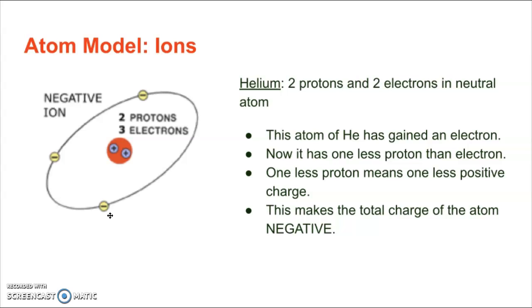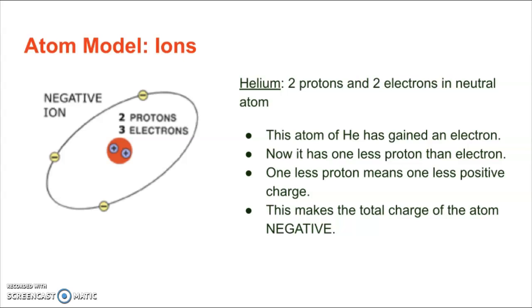I start with 2 negatives, now I have 3. So I have more negative and less positive, making the overall charge of my ion negative, or an anion. The number in which I gain or lose electrons helps me determine the charge of my overall atom.